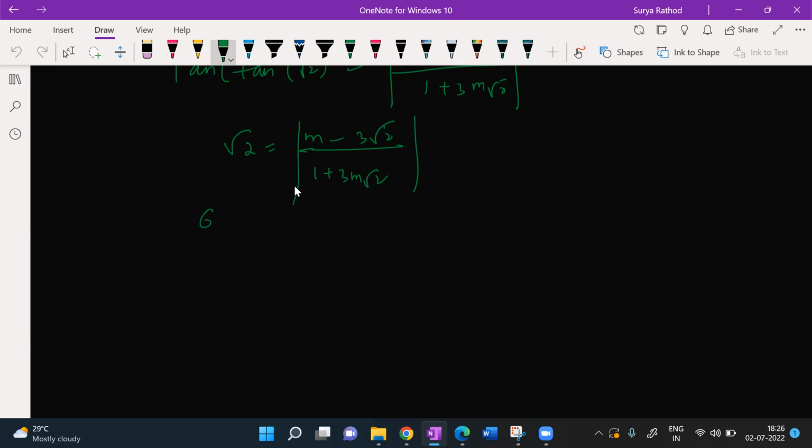If I take plus, 6m plus root 2 is equal to m minus 3 root 2. So 5m is equal to minus 4 root 2, so the m value is going to be minus 4 root 2 by 5. Keep it aside. So when it is plus, you will be getting this.